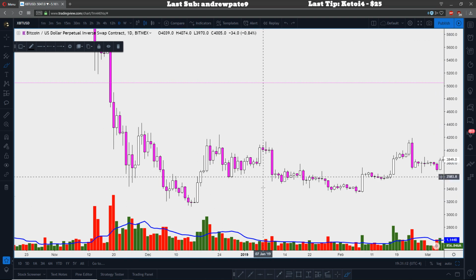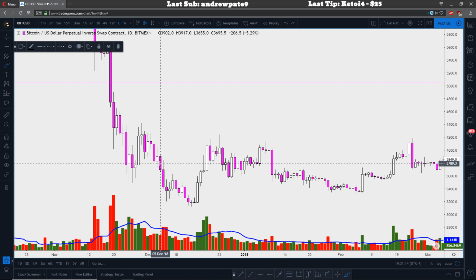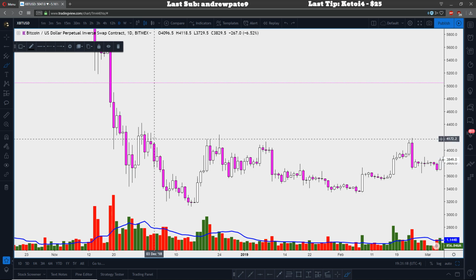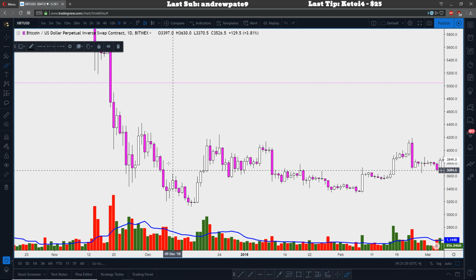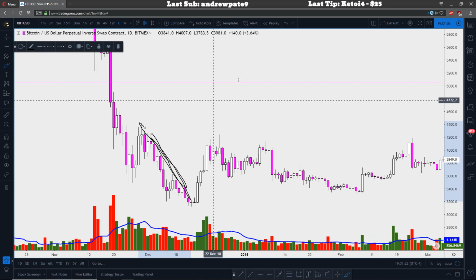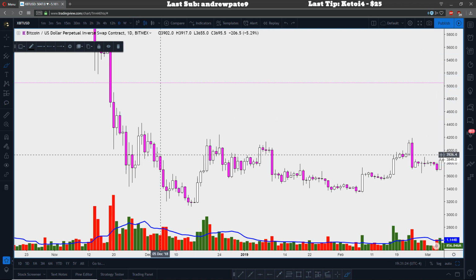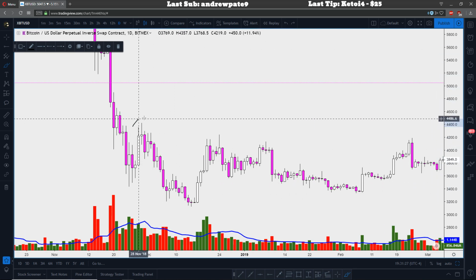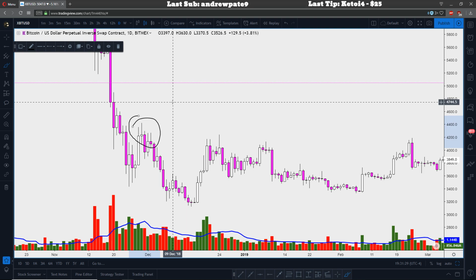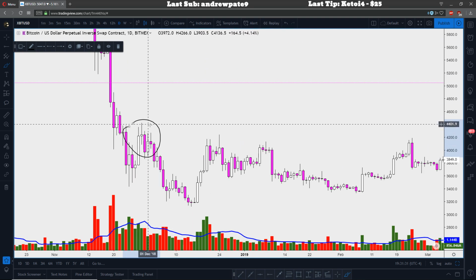If I have a clean chart here and I'm just now looking at Bitcoin, I haven't drawn any support and resistance, I'm going to look at the origin of this impulse. The origin of this impulse is this right here. This is the resistance point.